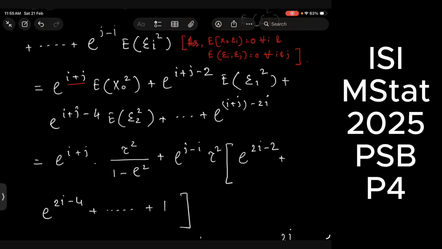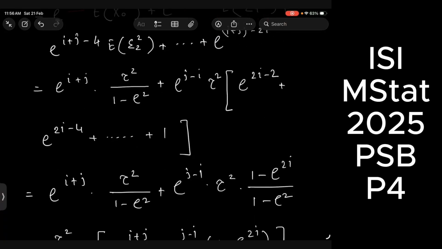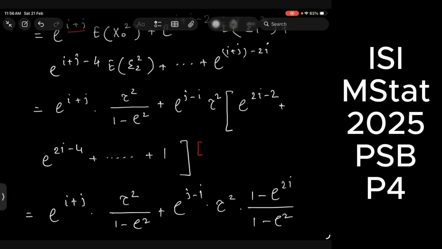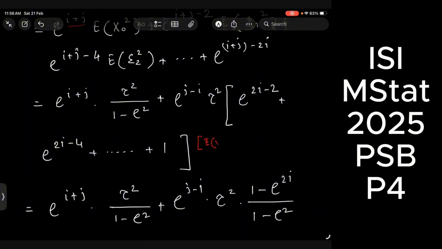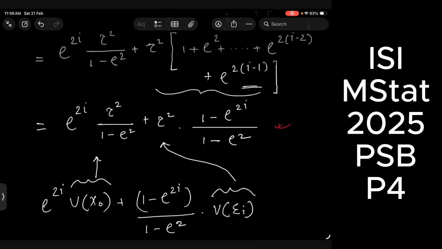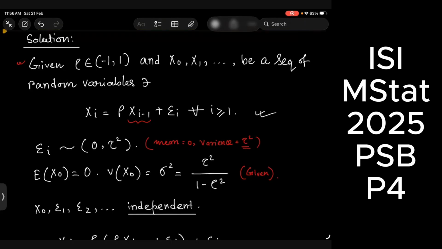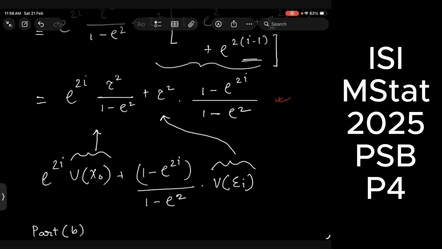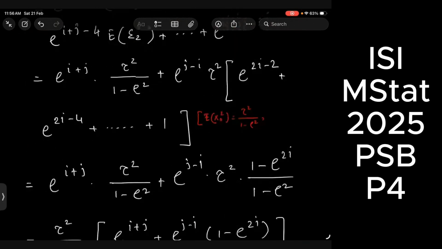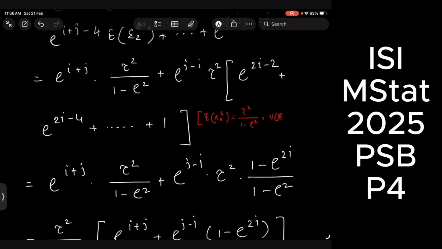Tell me if you are getting this or not. Why tau square? We are relating it with variance.